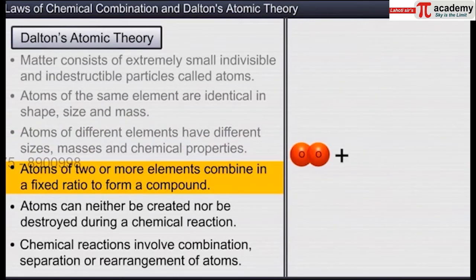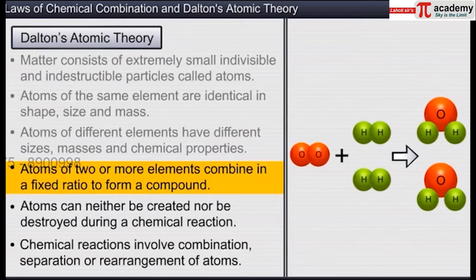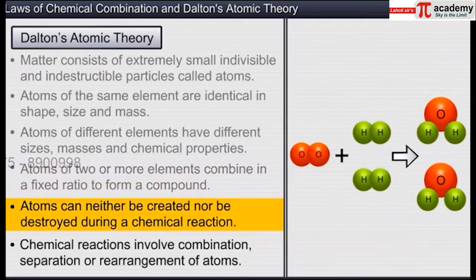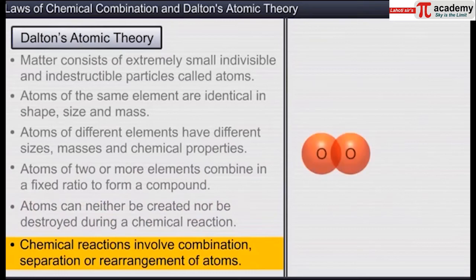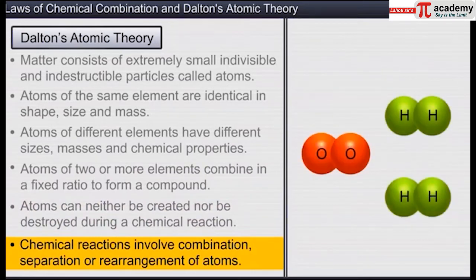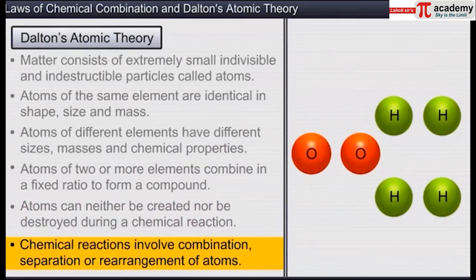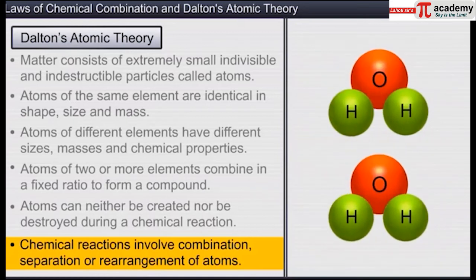Atoms of 2 or more elements combine in a fixed ratio to form a compound. Atoms can neither be created nor be destroyed during a chemical reaction. Chemical reactions involve combination, separation, or rearrangement of atoms.